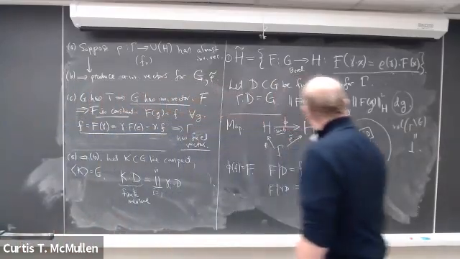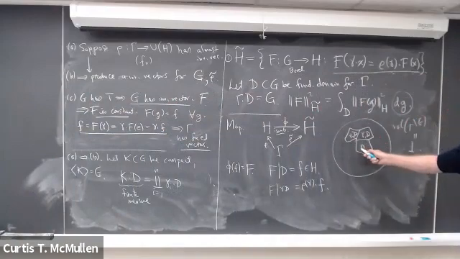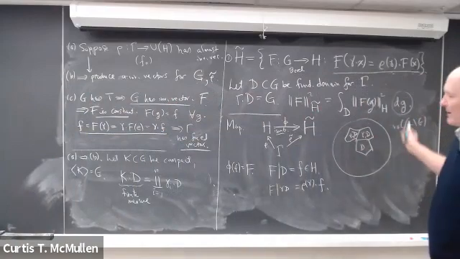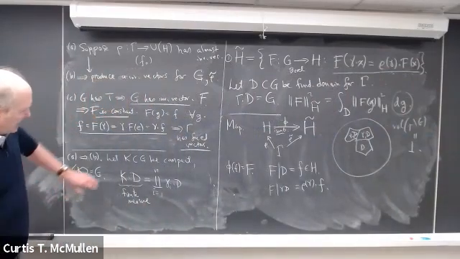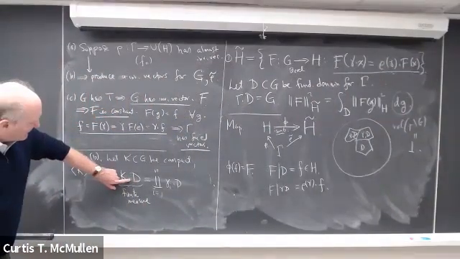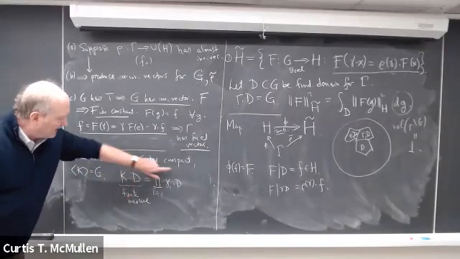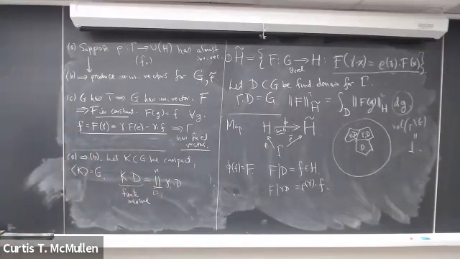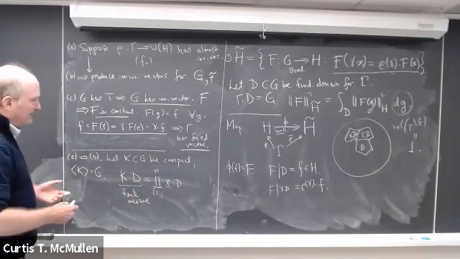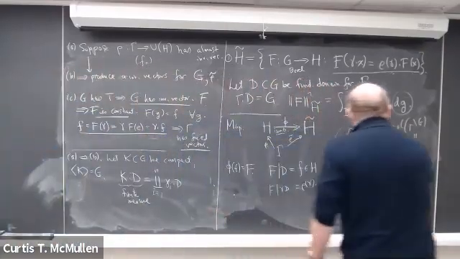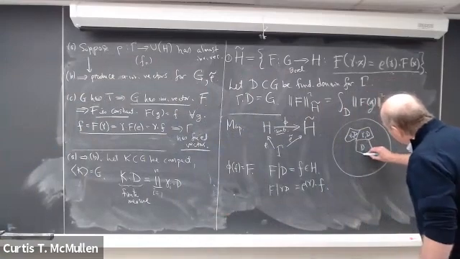Because after all, these translates of D by elements of gamma form a partition of the big group G. And in fact, if D were compact, this would be true. I could find a finite tiling with this property. The problem is that these domains D might not be compact.